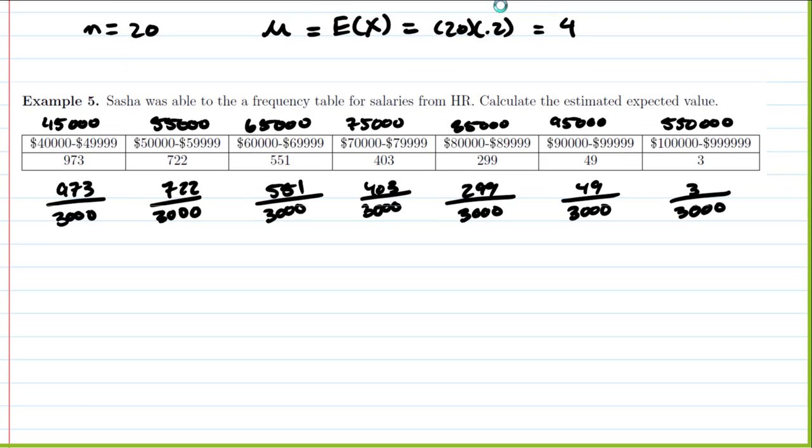So now our expected value is going to be each of these times their probability.